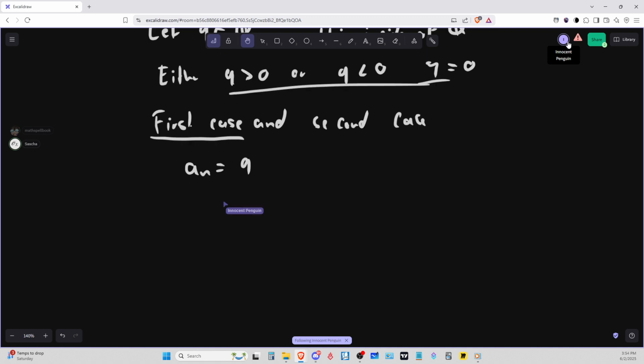So now we want to think about what is the sign of this sequence as a real number. Maybe I will just do the first case, and in the second case I will just say it's the same.